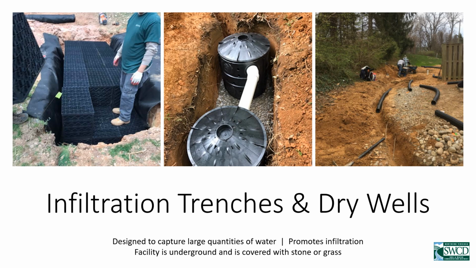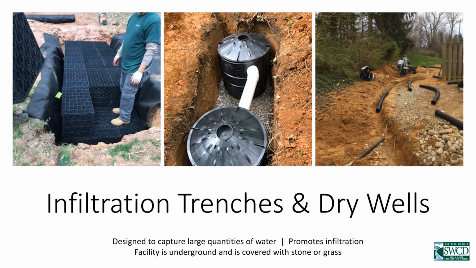Here are infiltration trenches and dry wells. So on the left you see a milk crate type infiltration trench. It could also just be gravel. These milk crate type construction techniques allow for more water capacity than a gravel bed, but both are allowed.